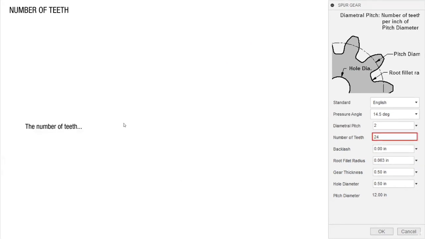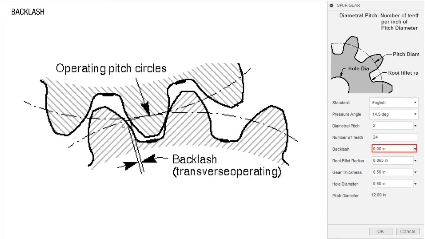The number of teeth is what it sounds like. It's the number of teeth. And the backlash is the distance between two teeth when you have the teeth interlocking. One thing to remember is if you're going to 3D print the gears, then you can make your clearance between the teeth very tight, so your backlash is going to be very small.